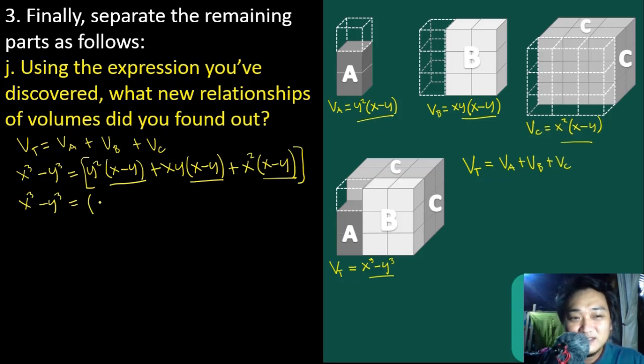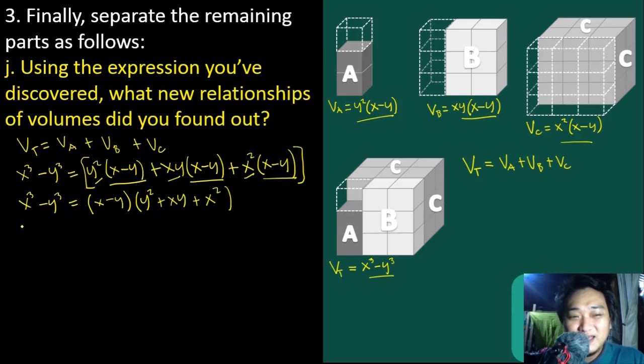Sa pinakalabas, that will be x minus y times the quantity. Ano yung natira sa loob? Y squared plus xy plus x squared. Ngayon, ang pinakahuli nating gagawin is gandahan natin yung arrangement para makita natin.